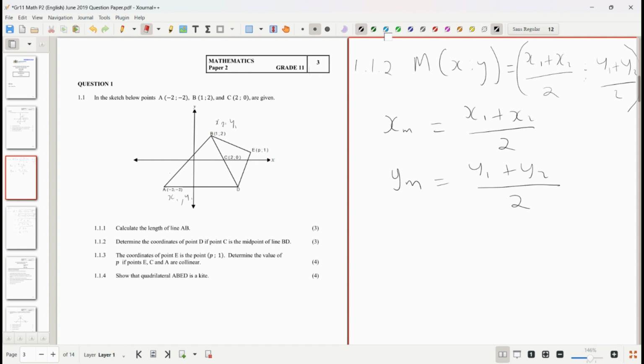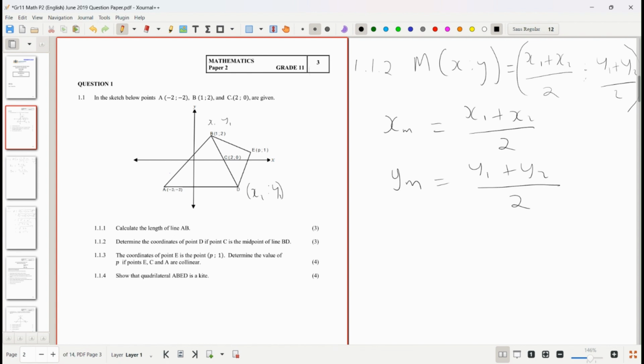And then now you'll need to label your coordinates again, right? You can remove this one, and this one you can label as your x1, y1. These coordinates of D here, you don't know them. You are looking for the coordinates of D, and then you'll have x2, y2, right?